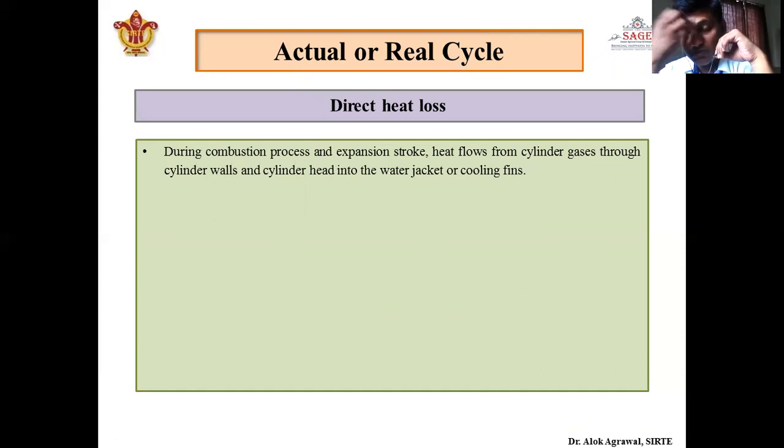Because of combustion a large amount of heat is produced, so it has to be rejected from time to time so that a controlled temperature is maintained inside the combustion chamber. So we use water jackets or cooling fins depending upon our engine. So it is sure that during the combustion process or expansion stroke, heat will flow from inside the combustion chamber to the outside via some cooling medium.